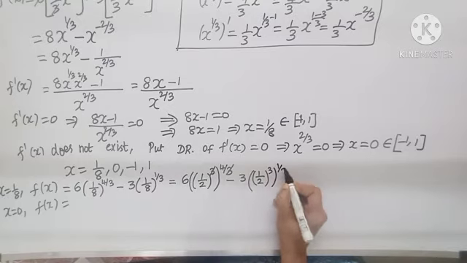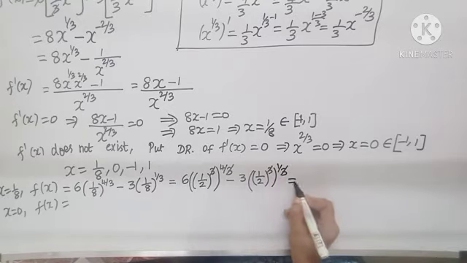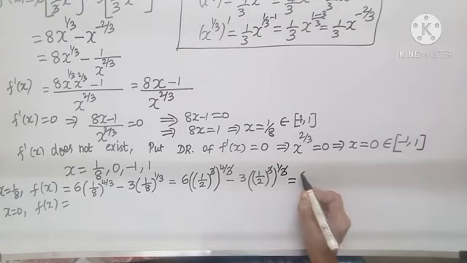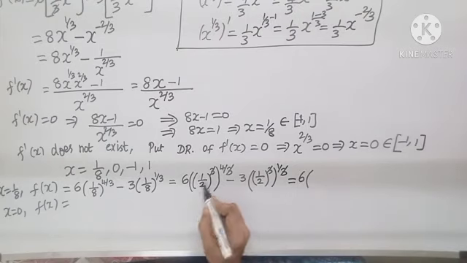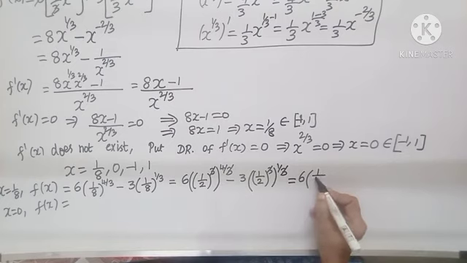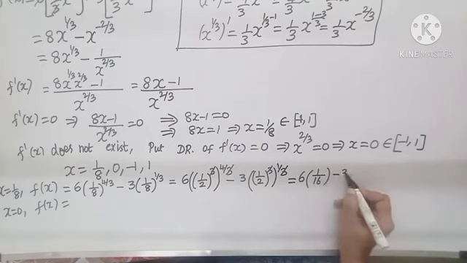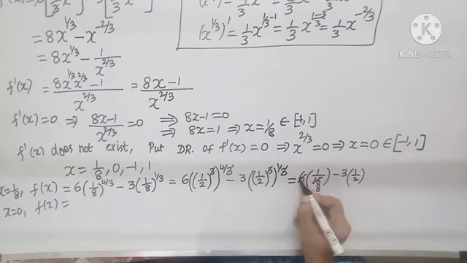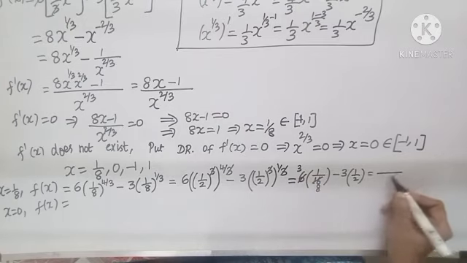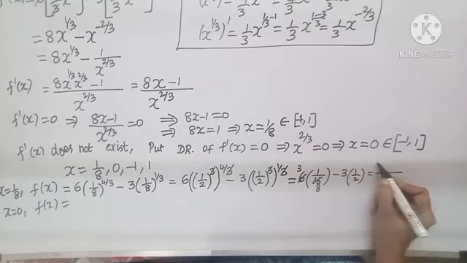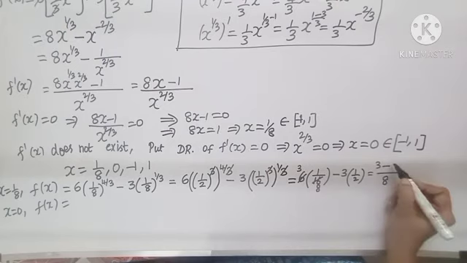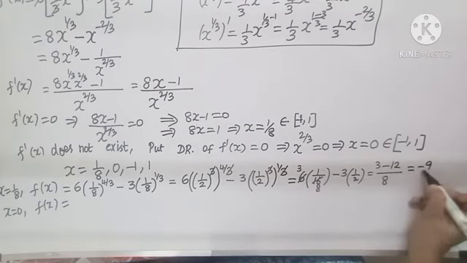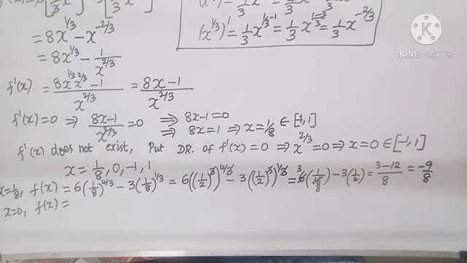The whole power 1 by 3, 3 will get cancelled. We are left with 6 into 1 by 2 power 4, which is 1 by 16, minus 3 into 1 by 2. Taking LCM and simplifying the answer, 8 is the LCM. I get 3 minus 4 threes are 12, that is minus 9 by 8.